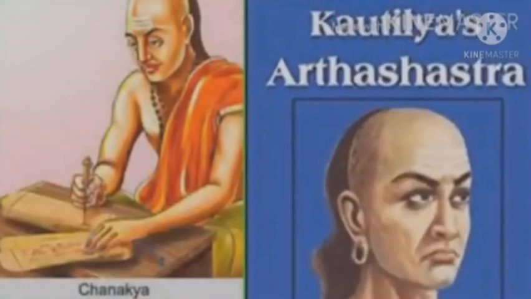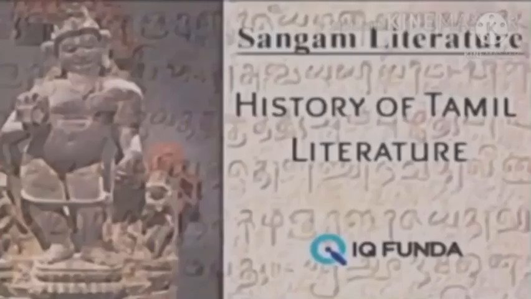Kautilya's Arthashastra, Hala's Gathasaptashati, Vishakhadatta's Mudrarakshasa, Kalhana's Rajatarangini, Banabhatta's Harshacharita, Chand Bardai's Prithviraj Raso, Pampa's Vikramarjuna Vijaya, Sangama literature, and many other such literary works can be named as native literature.